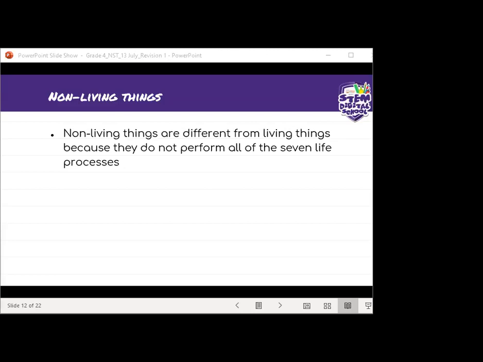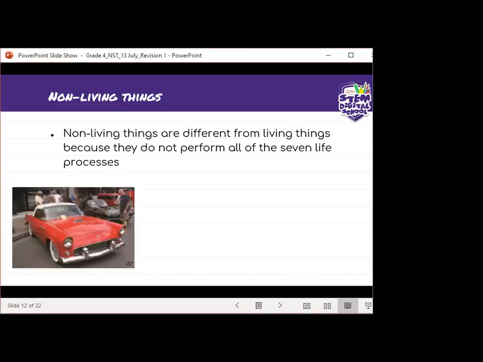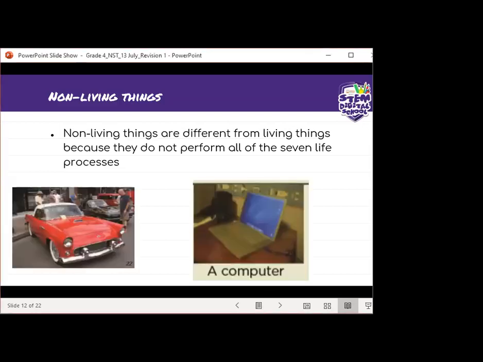So just to correct you then, yeast is alive. Yes, ma'am. That is one of our exceptions. We say yeast is alive. Thank you, ma'am. Welcome. Thank you, Zoe. Okay, so guys, for example, we have a car and we also have a computer.